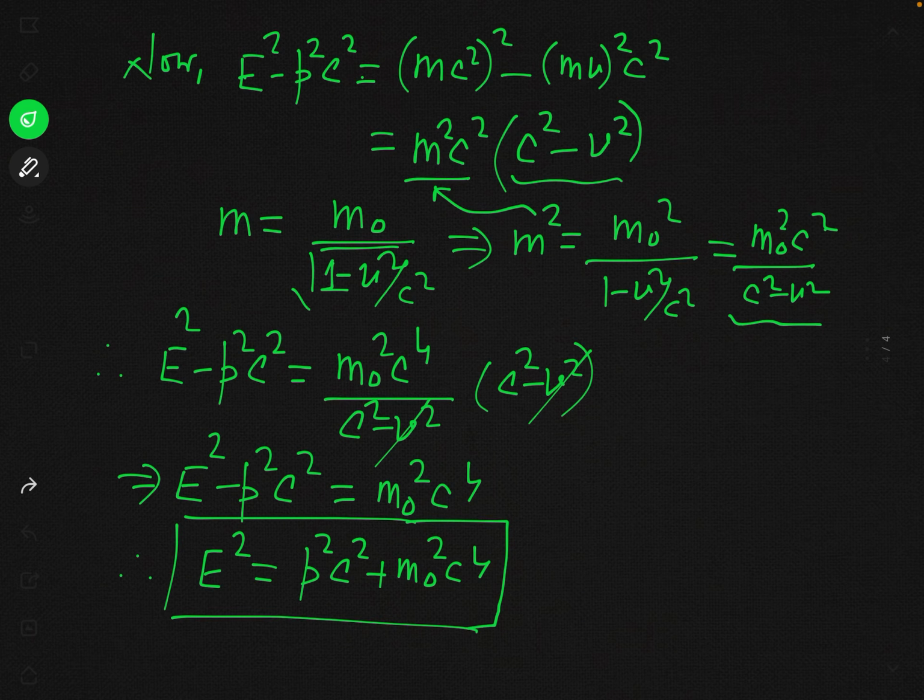So this is Einstein's famous relation which relates the total energy E and momentum P of the particle. So this is the required relation, and you have obtained it very easily by a simple calculation.